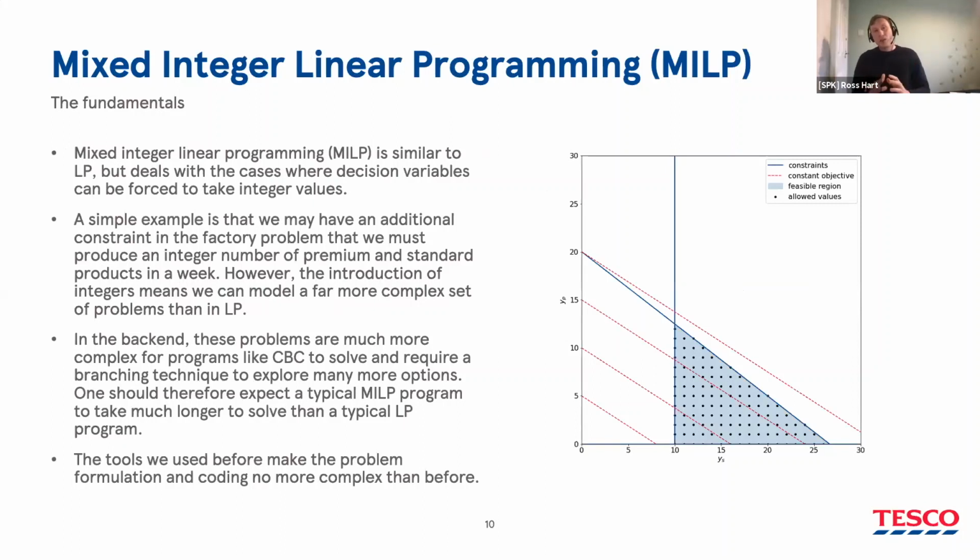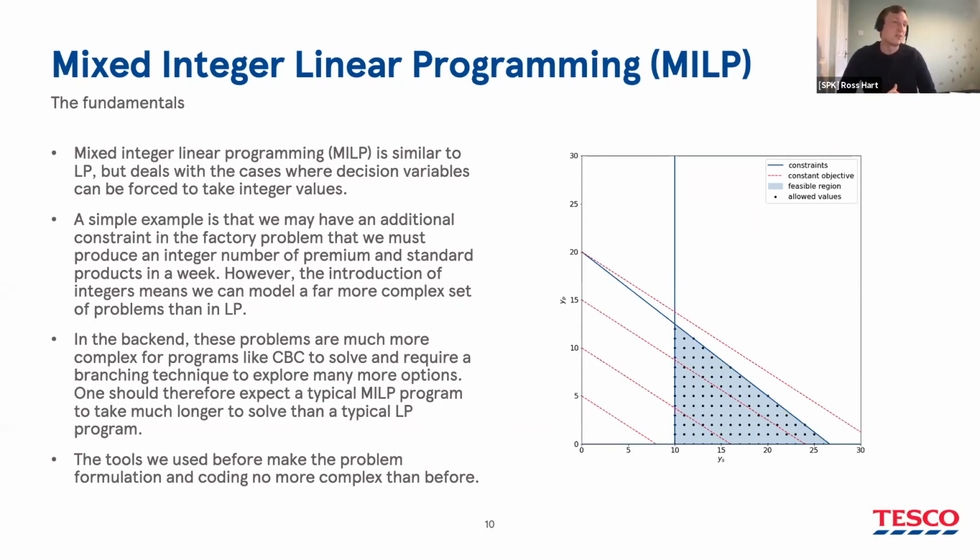So now I'm going to move on to something slightly more complex, and potentially in a few slides' time we'll see something much more interesting, which is mixed integer linear programming. So this concerns cases where we no longer have these continuous variables.